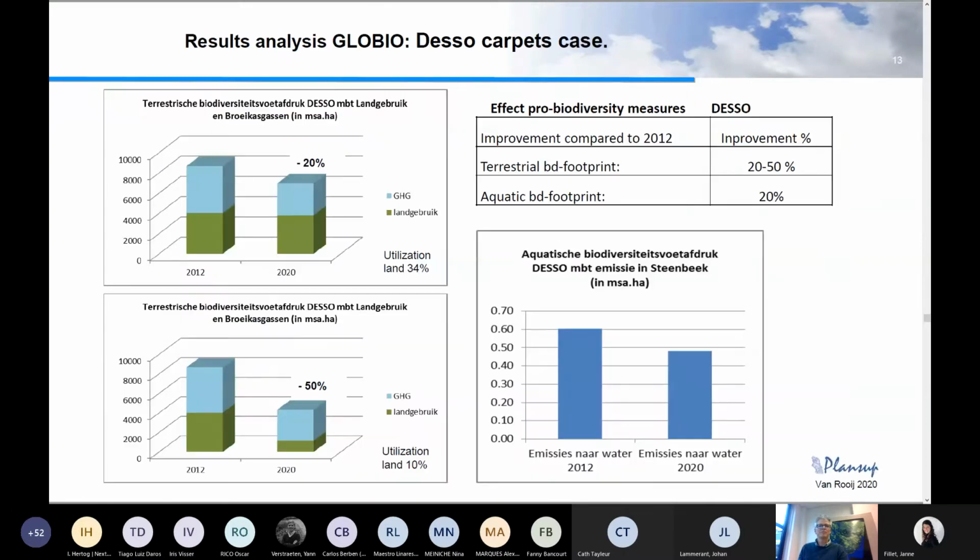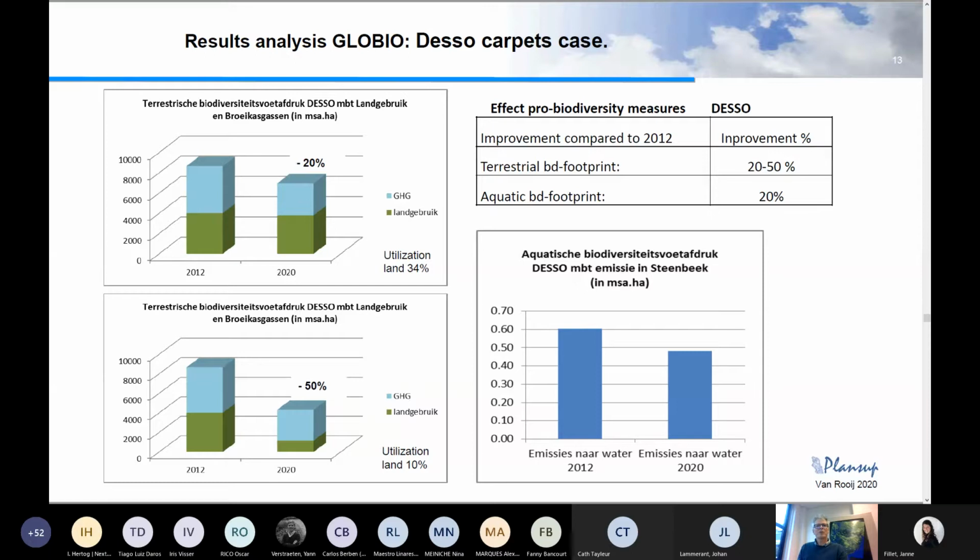Next slide, please. For Desso carpets, you can also see that they had some measures in mind, and that has quite a different impact. And then we also found that if you use wool from land which is utilized quite efficiently, then you can achieve even more improvements in your footprint.